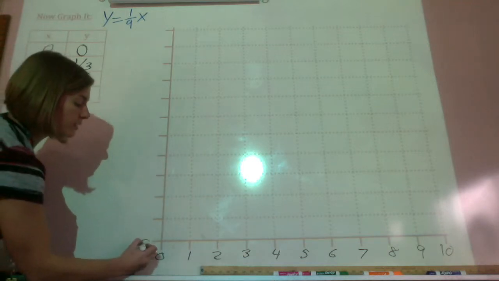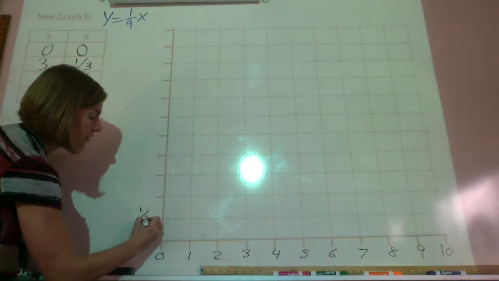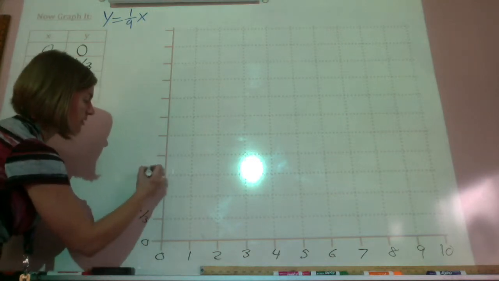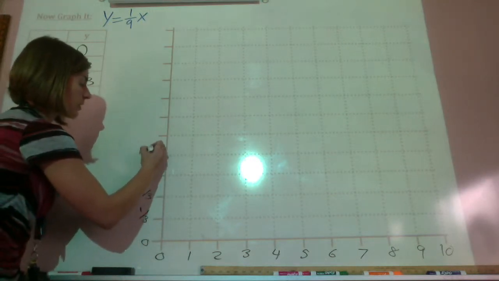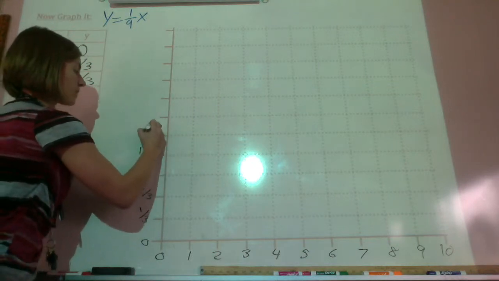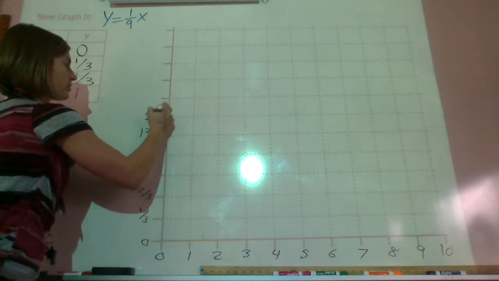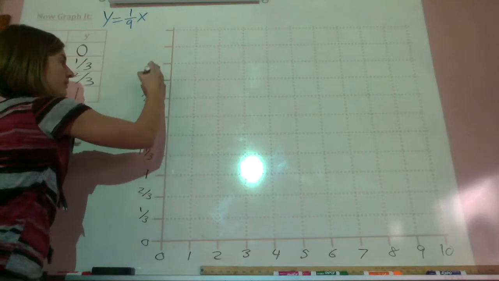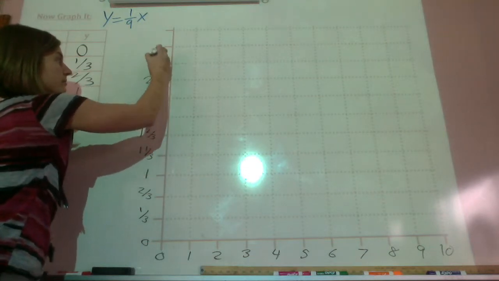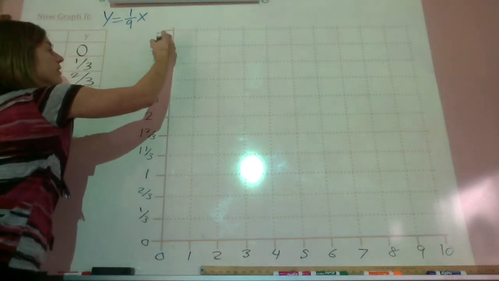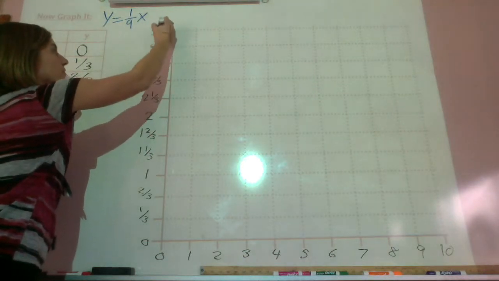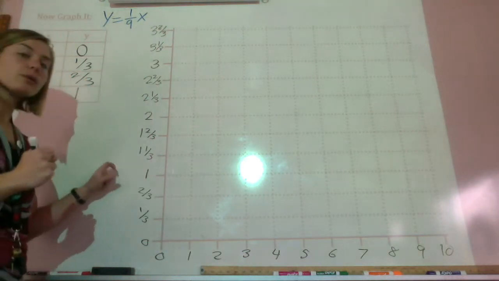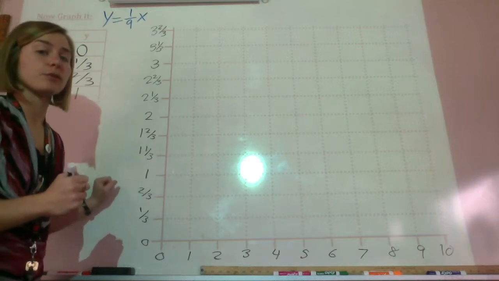So maybe this first one's 0, and then this is a third, this is 2/3, this is a whole. This is 1 1/3, 1 2/3, 2, 2 1/3, 2 2/3, 3, 3 1/3, and 3 2/3. Okay? You always get to choose your own scale if they don't provide it for you.